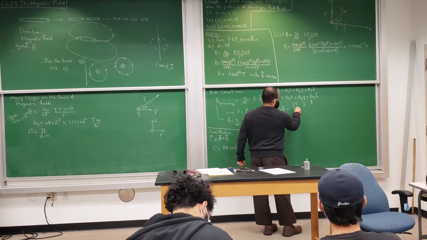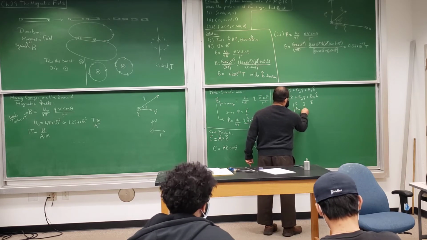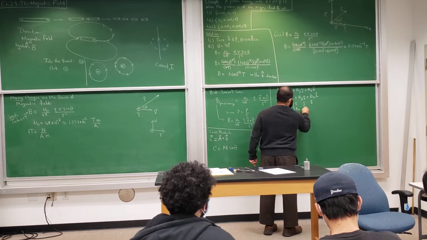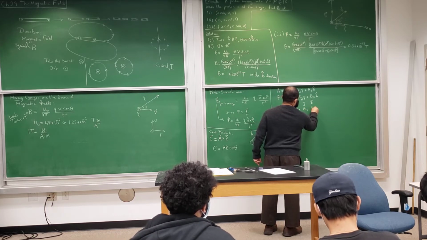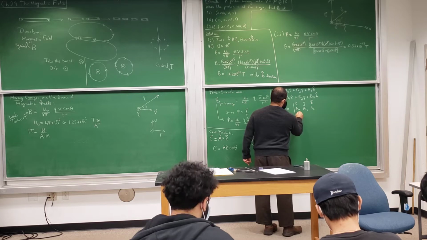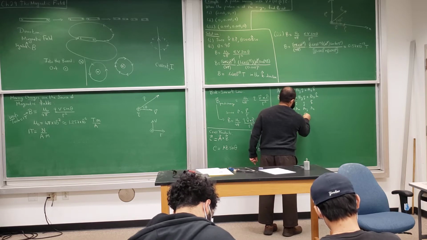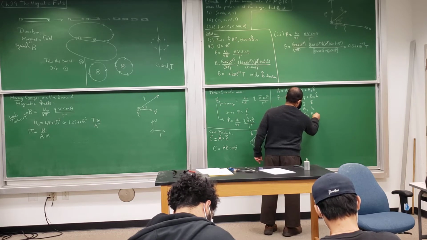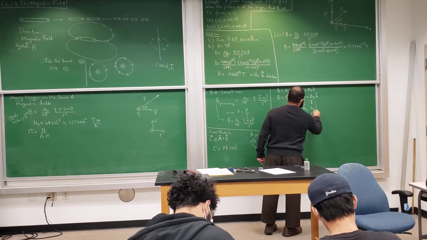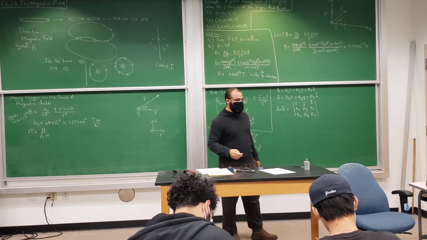So you've got AX, AY, AZ. And then for B also, BX, BY, and BZ. And you want to find what's called the determinant of this.